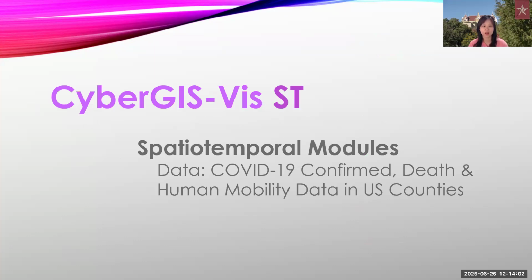In today's visualization, I'm going to cover only two visualization modules, which are the spatiotemporal modules, and I'm going to visualize COVID-19 data and human mobility data at the US county level.